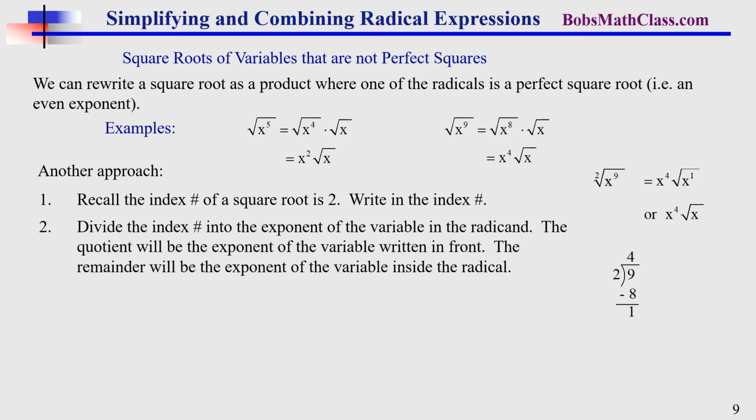The quotient, in that case it's 4, will be the exponent of the variable written in front of the radical. The remainder, which is 1, will be the exponent of the variable inside. And then we don't need to write an exponent of 1, so the answer should be just x to the fourth square root of x. So 2 different techniques for simplifying radicals of variables, square roots of variables.